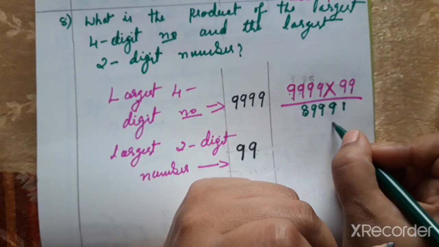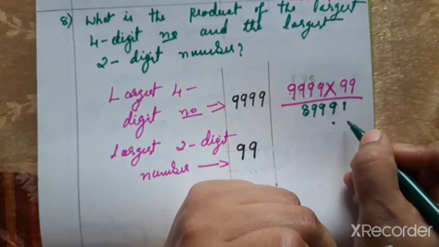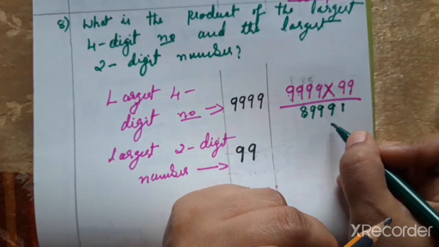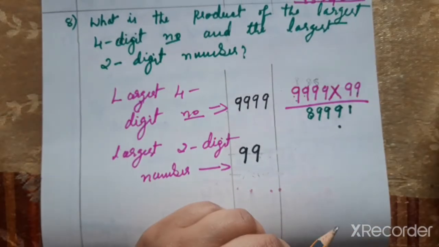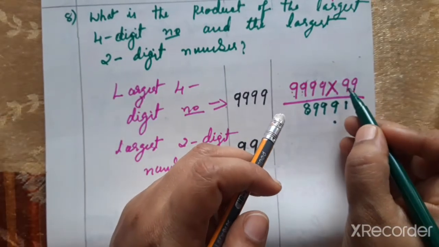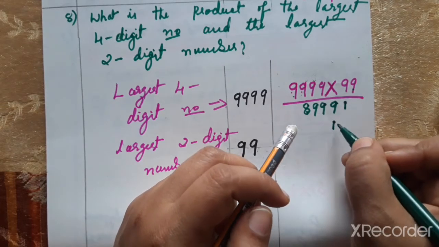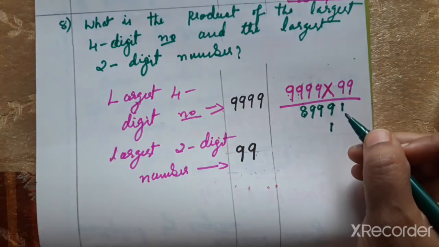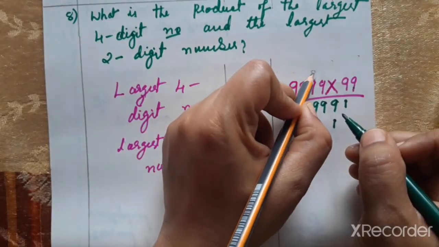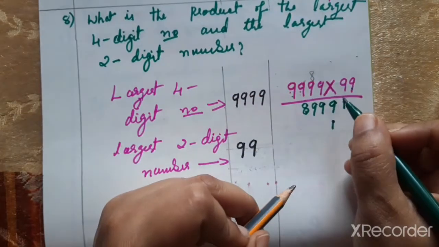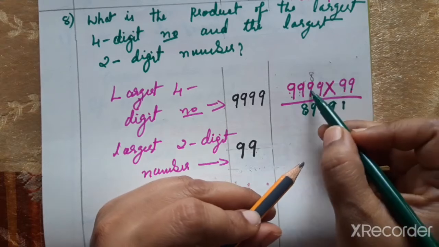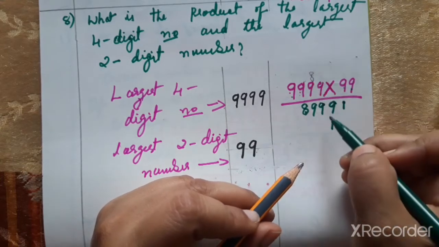So we write in the second line, leave one space and write from the tens place. 9 nines are 81. 81 means we write 1, and carry over the next number to the next place, share with your next friend. Now 9 nines are 81. 81 plus 8 is 89.